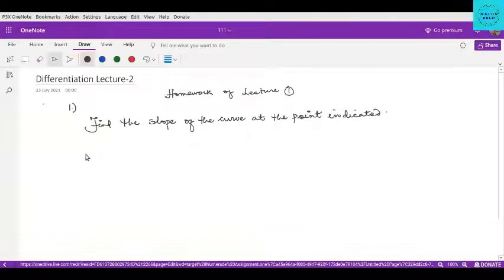So the equation was y equal 5x minus 3x square and the point is x equal 1.